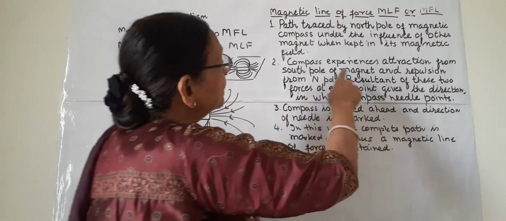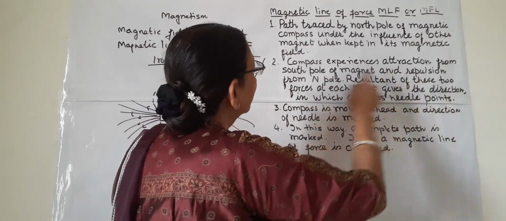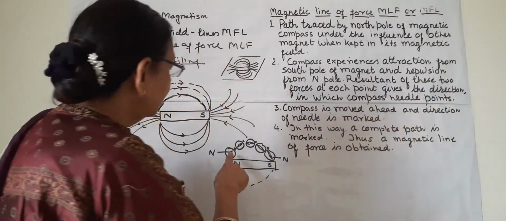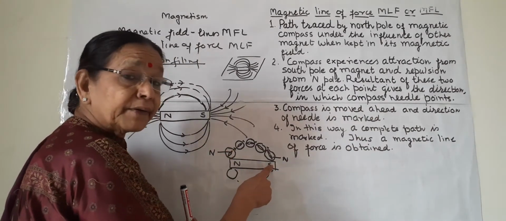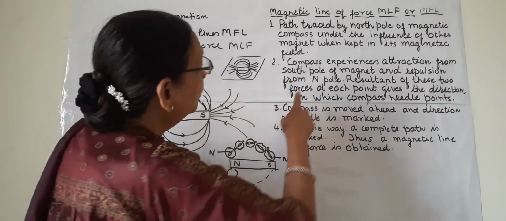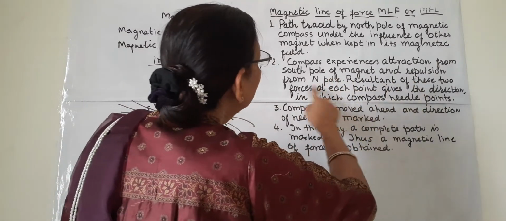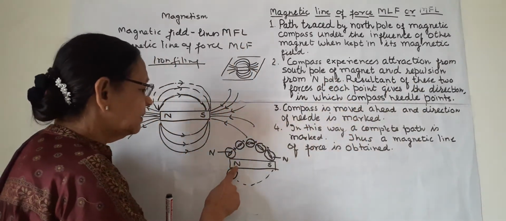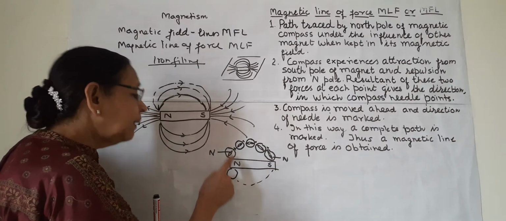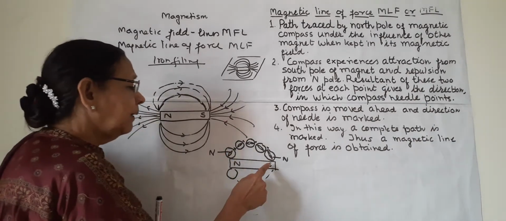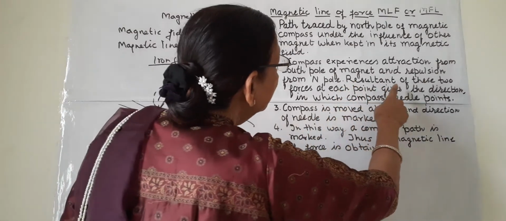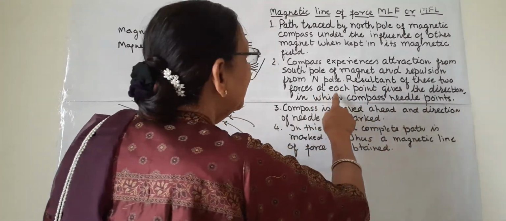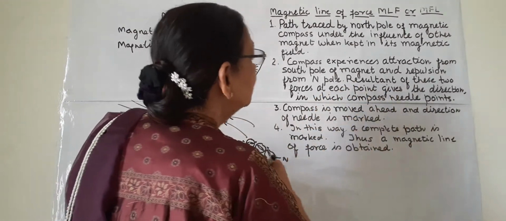Second, the compass experiences attraction from the south pole. This is the compass. This part feels attraction from the south pole and repulsion from the north pole. It is being repelled by this north pole and attracted by this south pole. The resultant of these two forces at each point gives the direction in which the compass needle points.